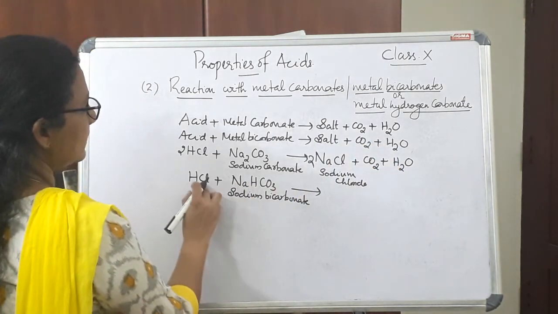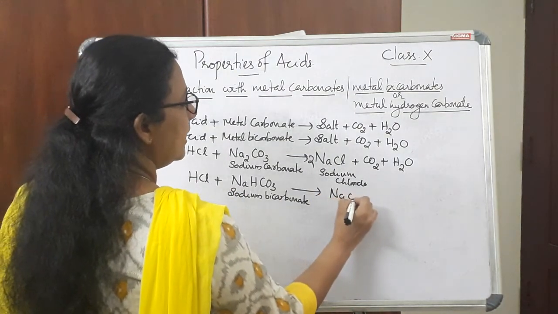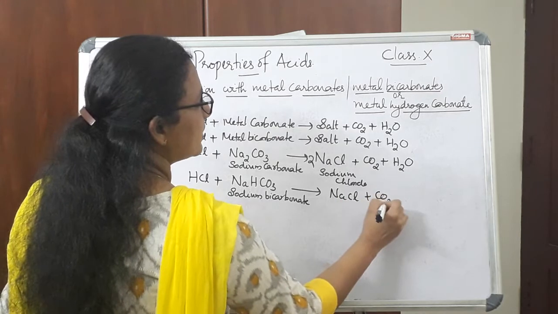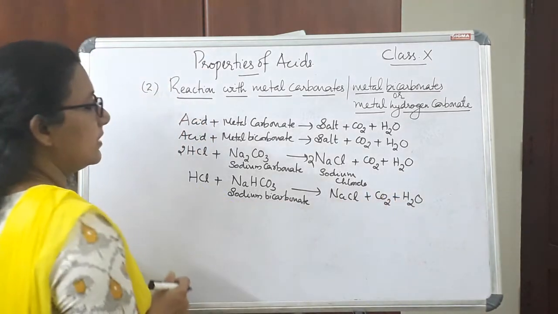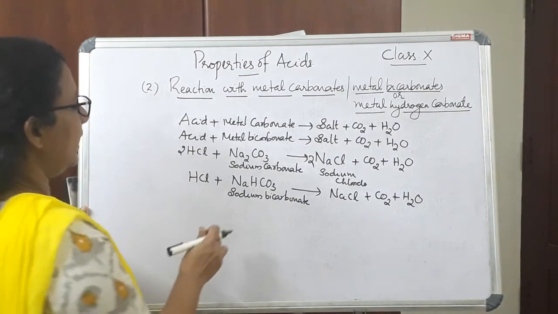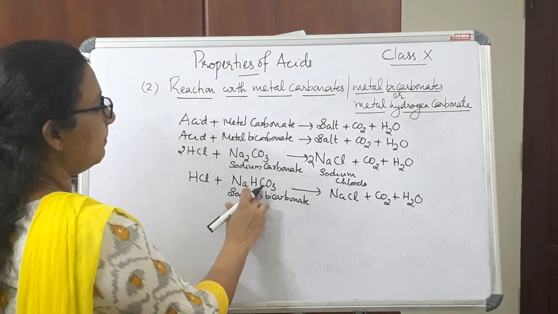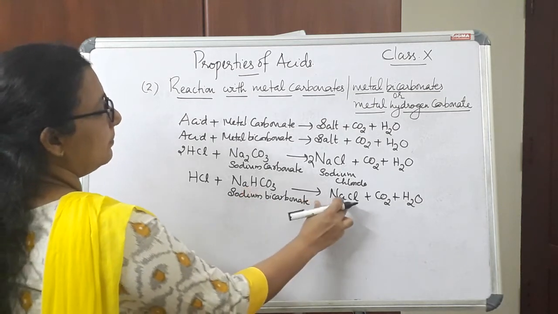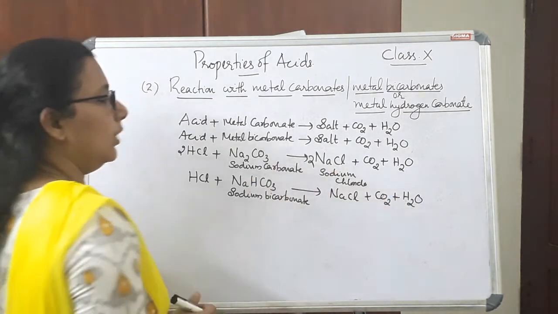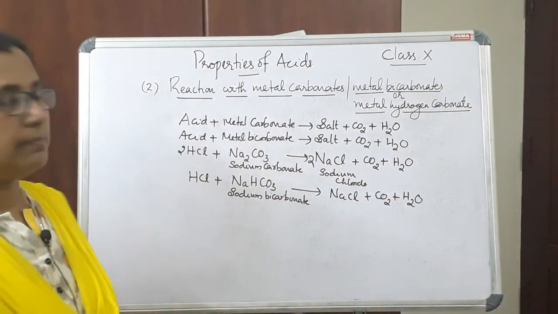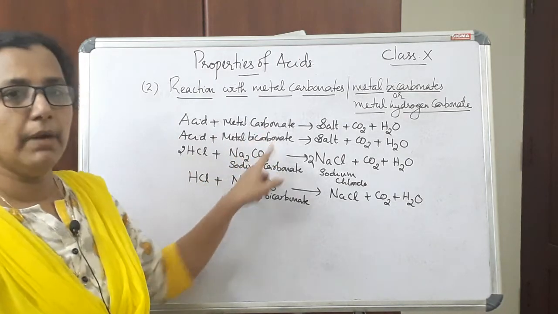Here the corresponding salt will be NaCl again, NaCl plus carbon dioxide plus H2O. So this equation is already balanced. When hydrochloric acid reacts with sodium bicarbonate, it produces sodium chloride, carbon dioxide and water. So this is the reaction between acid and metal carbonate or metal bicarbonate.